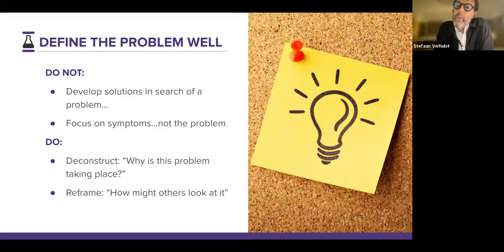And quite often, and that's also the problem with data, we focus on the symptoms, not the problem. That requires some understanding of what the problem is, what the interdependencies are, and how we go about answering the why question. Why is the problem taking place? Why is it that I am the one tasked to solve the problem? And what does that mean in terms of the information that I need to obtain in order to start answering the problem?